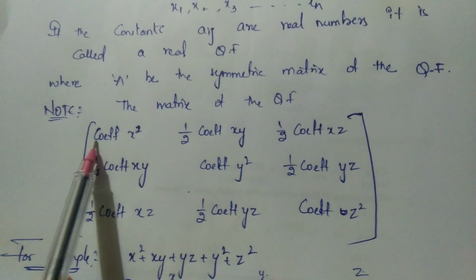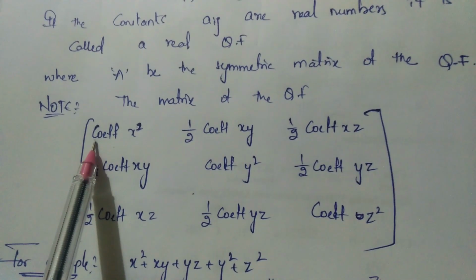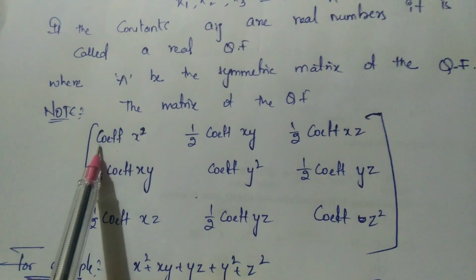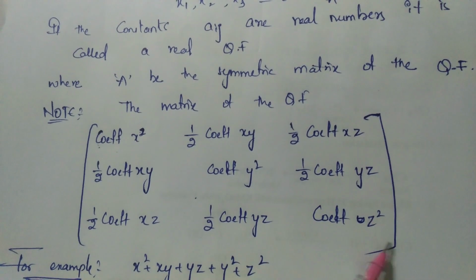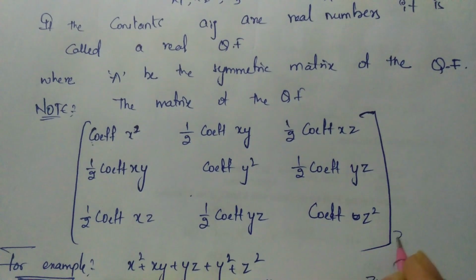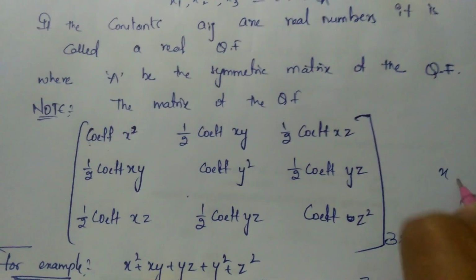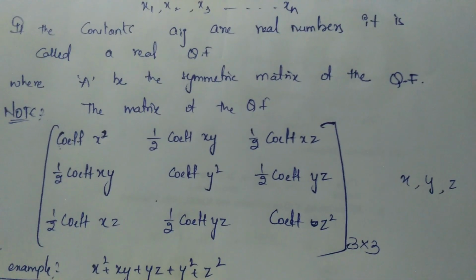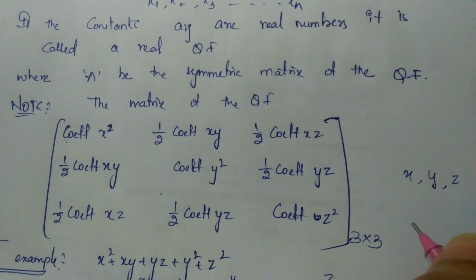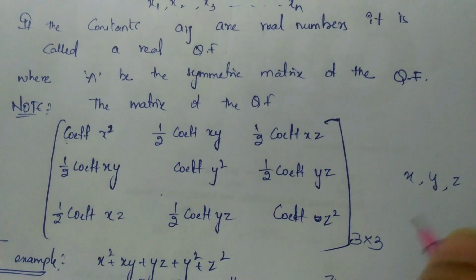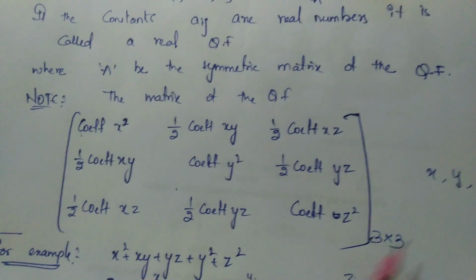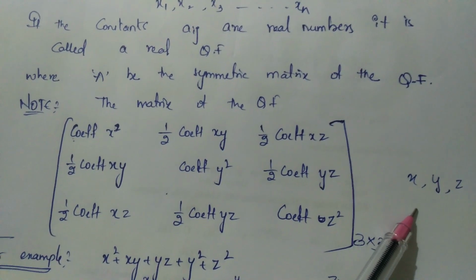First we will have the coefficient of x square. If it is in three variables like x, y and z, we get a 3 by 3 matrix. If it is in two variables, we get a 2 by 2 matrix. So if it is a 3 by 3 matrix, it means three variables are there.